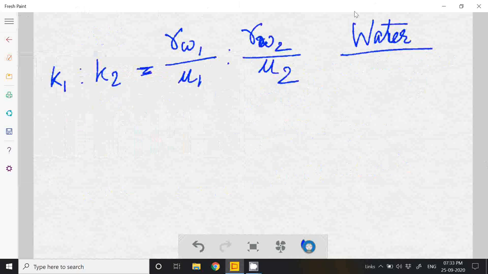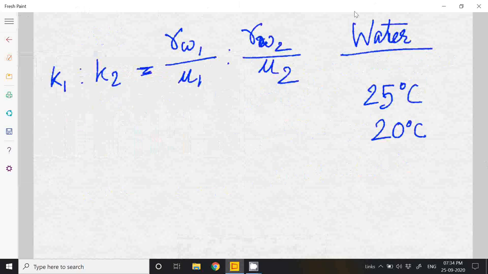And for water, the temperature changes from 25 degrees initially to 20 degrees finally, isn't it? This temperature won't make any change in the unit weight of water, so this will get cancelled. Temperature effect can be neglected in the unit weight of water for this small variation in temperature.